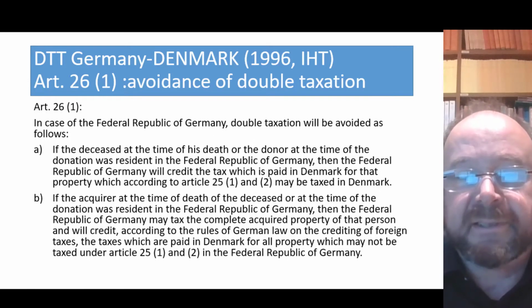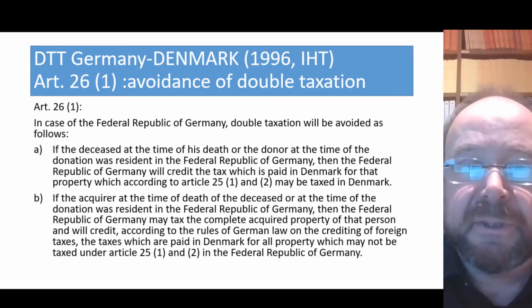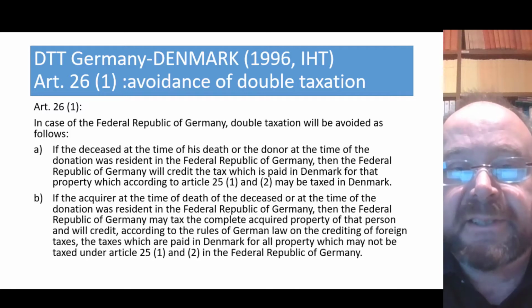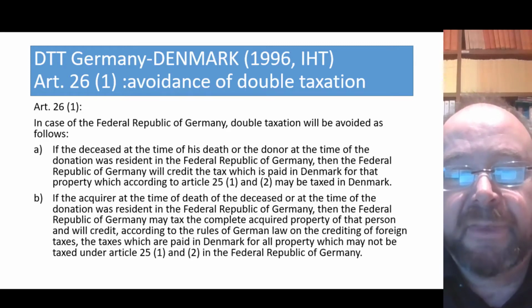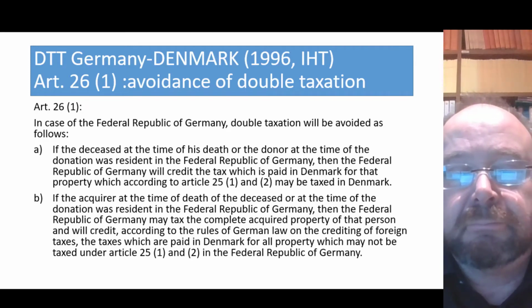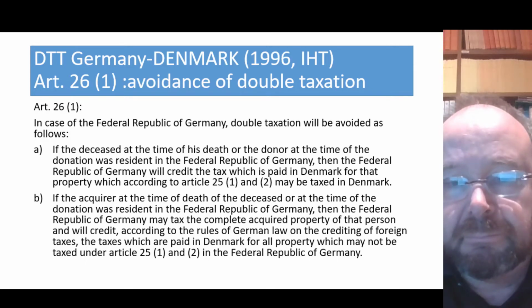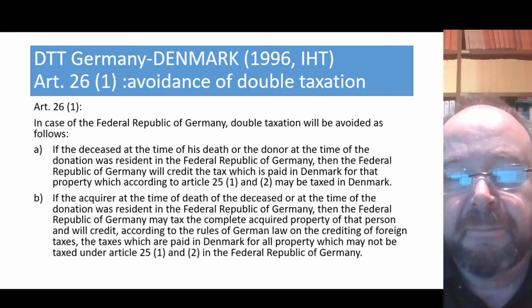Now, what happens after we have looked to the deceased or the donor? Well, then as the third step, the state of residence of the acquirer can tax everything. This must be looked for again in the article paragraph which refers to Germany or Denmark.